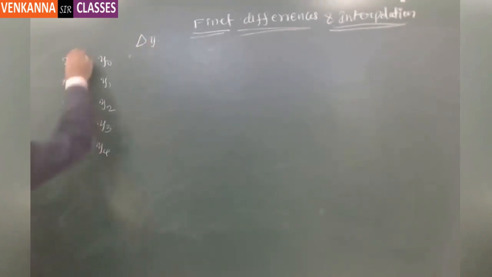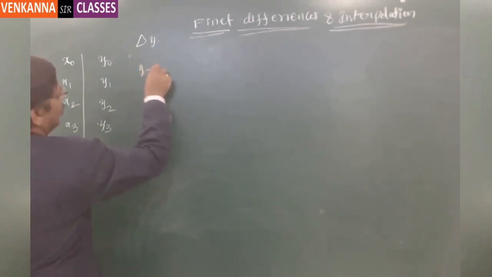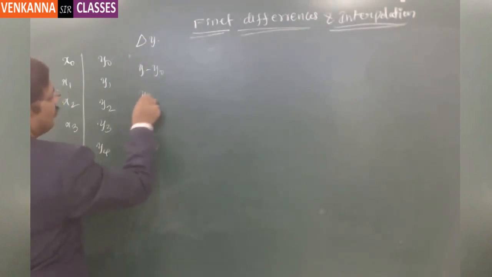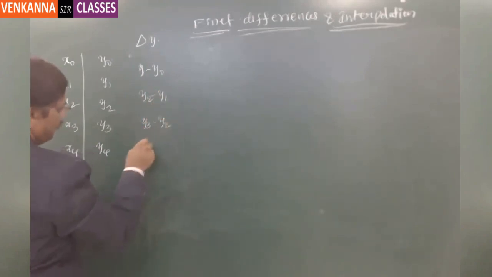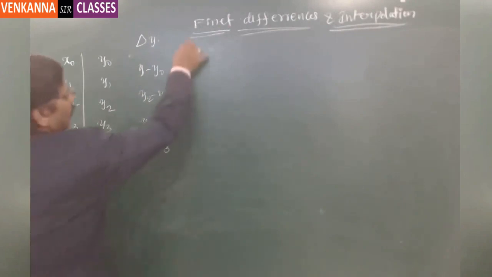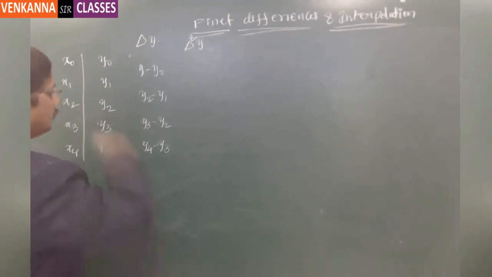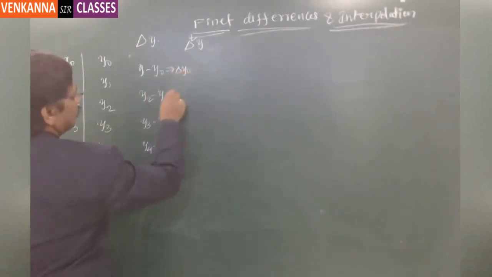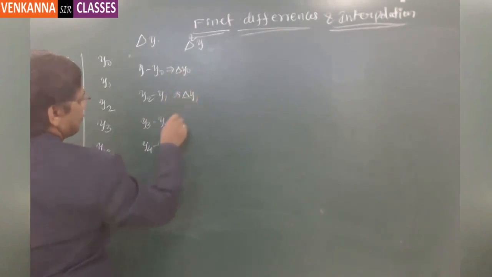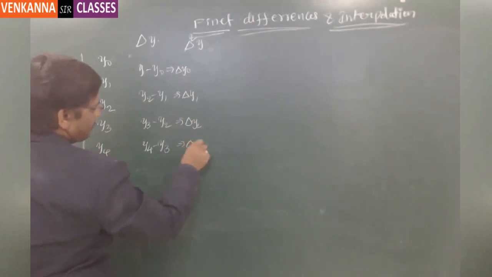So delta y is y1 minus y0, y2 minus y1, y3 minus y2, and y4 minus y3. These are called delta y0, delta y1, delta y2, and delta y3.